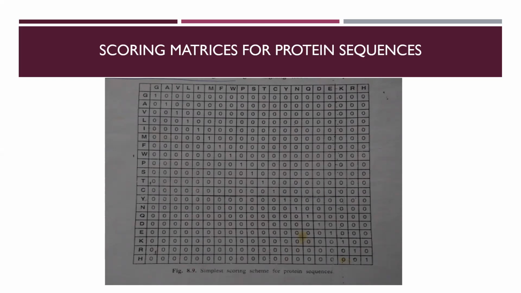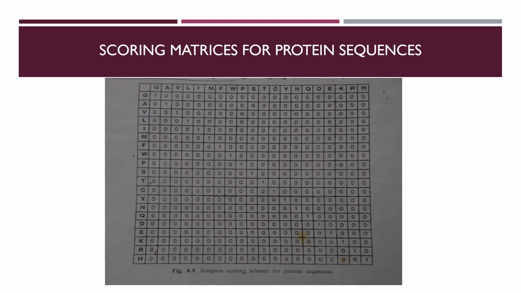But it does not give enough information about the protein sequences which are involved in the alignment. So other scoring schemes for protein sequences that are available are developed based on observed chemical or physical similarity of the sequences involved in the alignment.